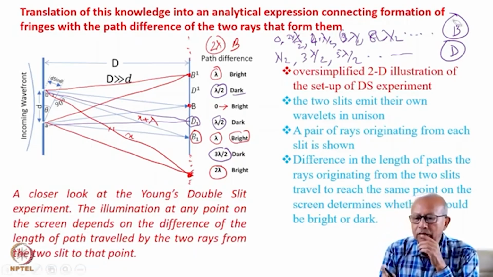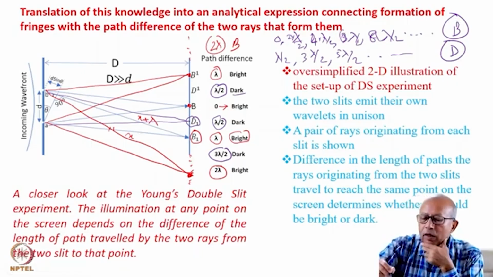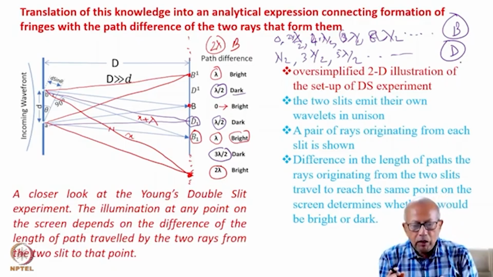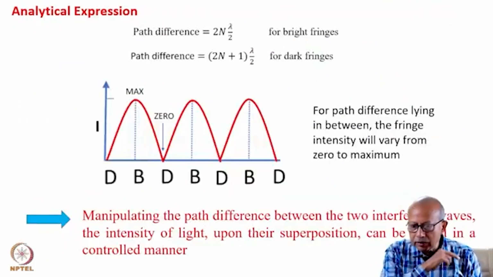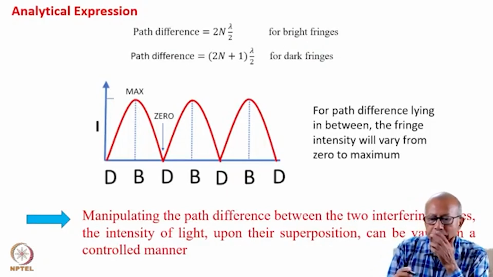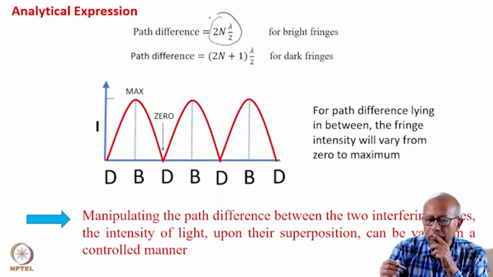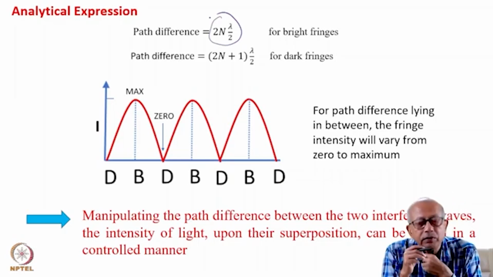And when the path difference is an odd multiple of lambda by 2, that is 1, 3, 5, 7, etc., it will be dark. So we can actually express this analytically. We can say that if the path difference is 2n into lambda by 2, then there will be a bright fringe.